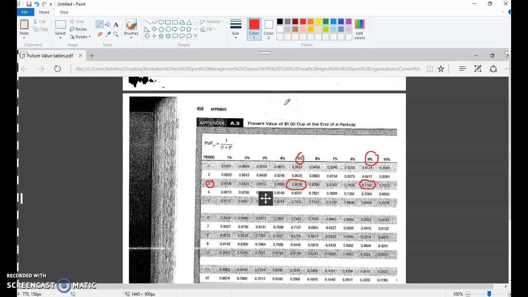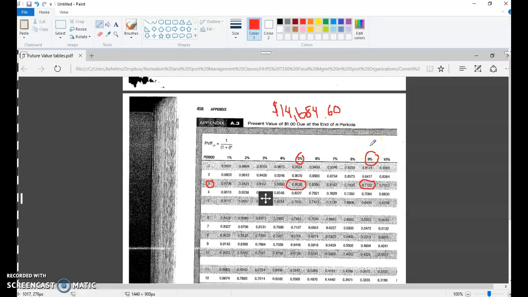And multiplying by that 5% discount rate gives us a present value of 14,684.60.